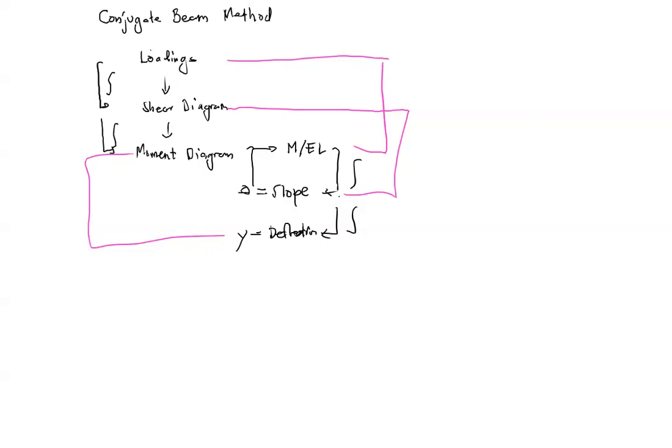So, conjugate beam method stipulates that rather than doing yung mathematical na solution, we treat yung M over EI function mo as your loading for what's called the conjugate beam. So, sa conjugate beam, meron kang dalawang kailangang i-satisfy muna.